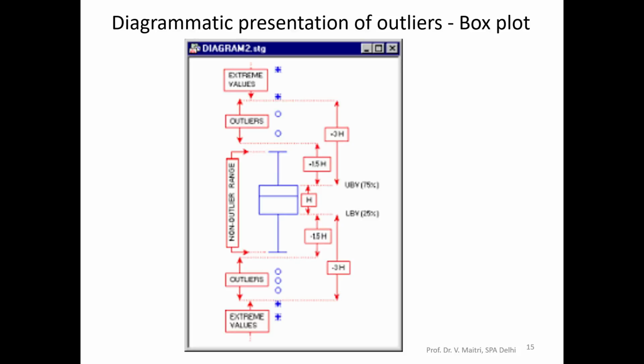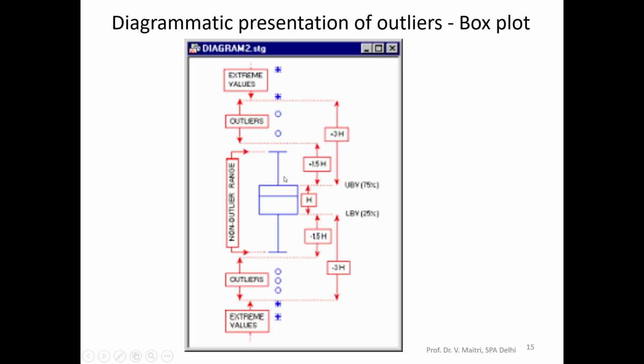Similarly, this type of data is again our box plot. This is our non-outlier range, that is, the median minus and plus 1.5 times the interquartile range.